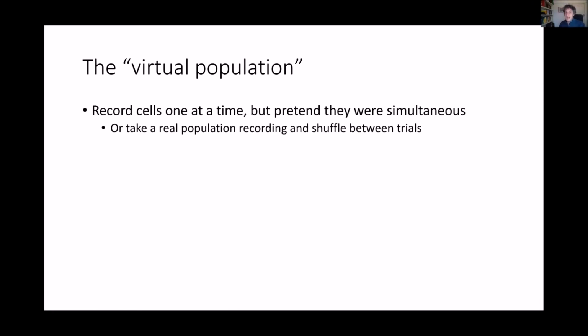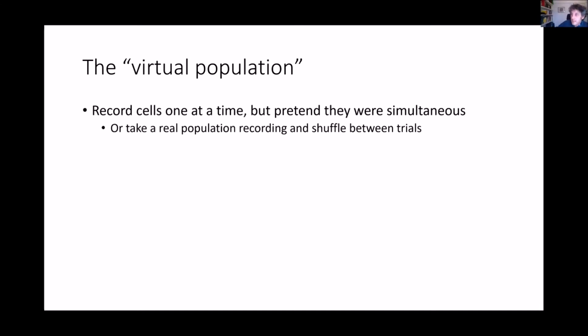You pretend you recorded your cells one at a time, but you imagine you had recorded them all simultaneously, and you ask, what would the population activity look like in this case? We'll call that a virtual population.